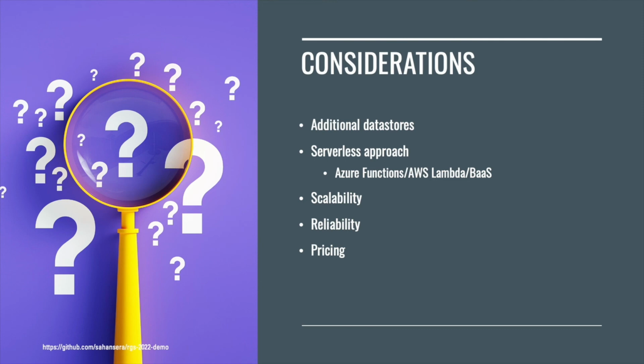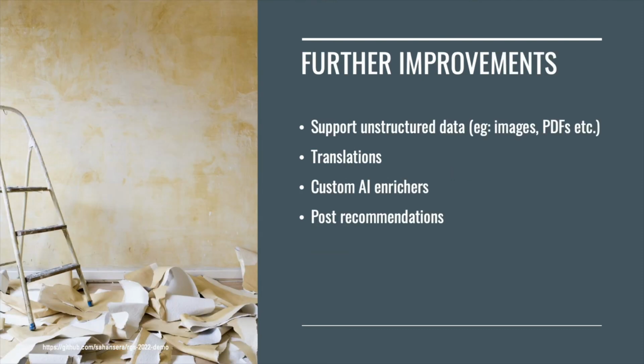And also, all these fancy solutions come with a price. So you have to weigh out different options with different cloud vendors, and you have to make a call on that. So let's talk about how we can further improve this.